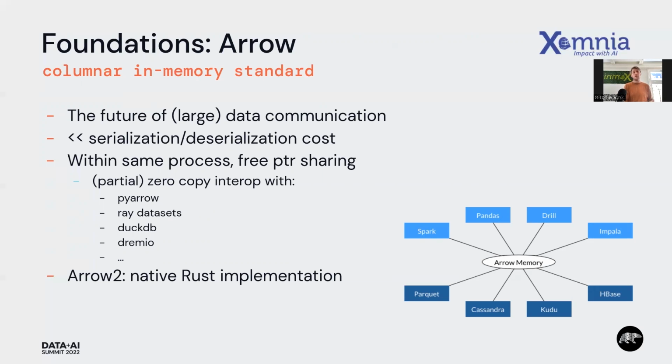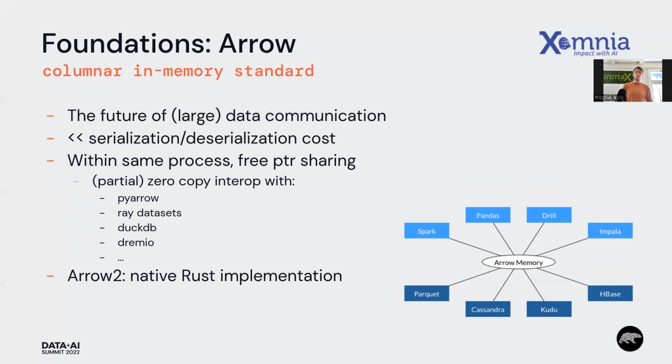You can have a lot of compute just needed to transform this data. And within the same process, because all these tools understand the same Arrow memory format, we can actually have zero copy interoperability. So for instance, Polars can have zero copy interop with PyArrow, with Ray datasets, with DuckDB, with Dremio, and likely a lot more tools.